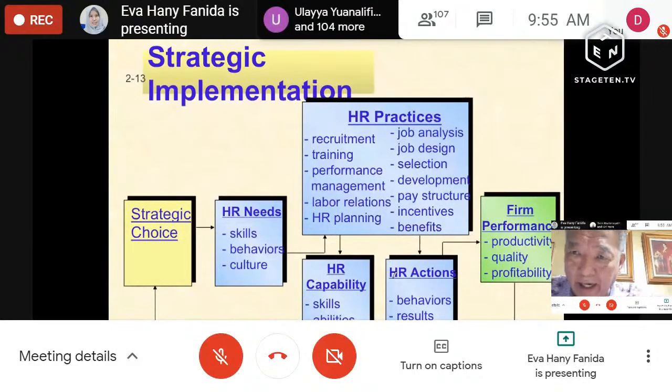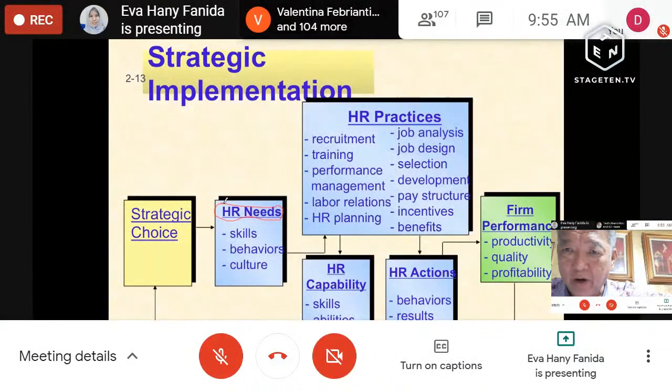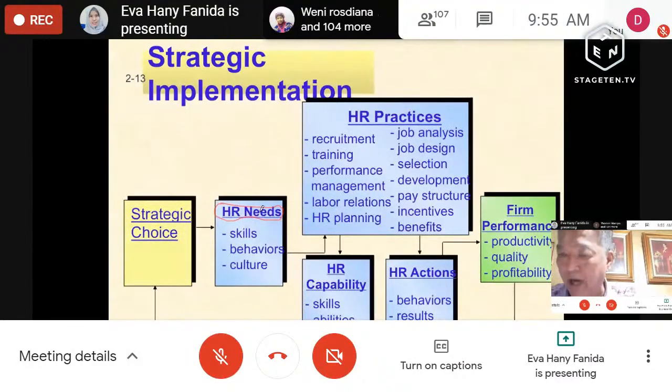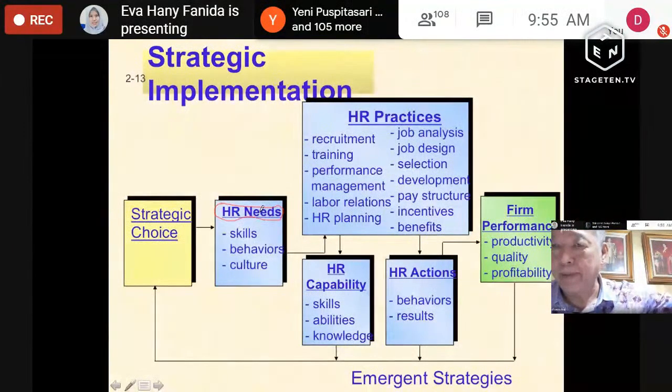So the HR need will vary from one company to another. It depends on what kind of strategy they use: what kind of skill, what kind of behavior, and what kind of company culture we want depends on the strategy we choose.